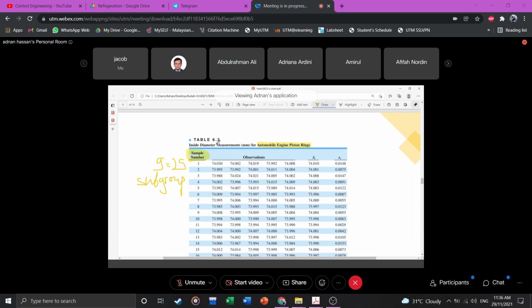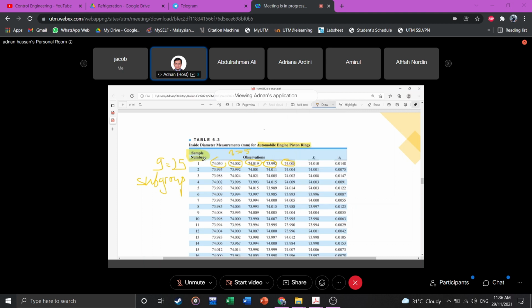Here we have observations. Let's say sample number 1 we take in the morning, at 8 a.m. We are taking n equal to 5. Sometimes people get confused when calculating the average.